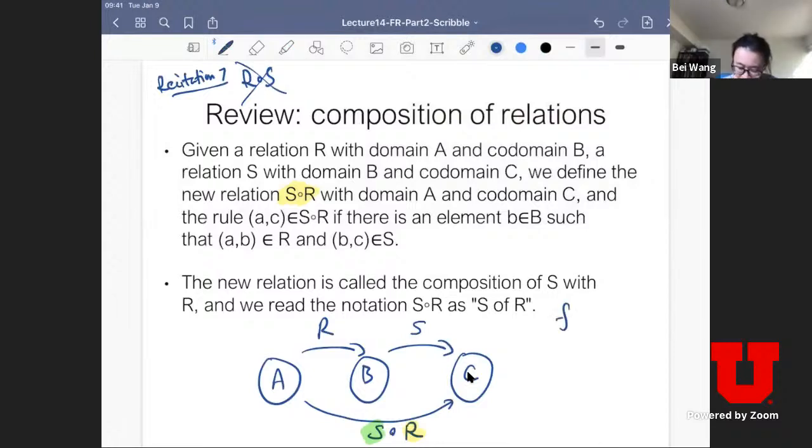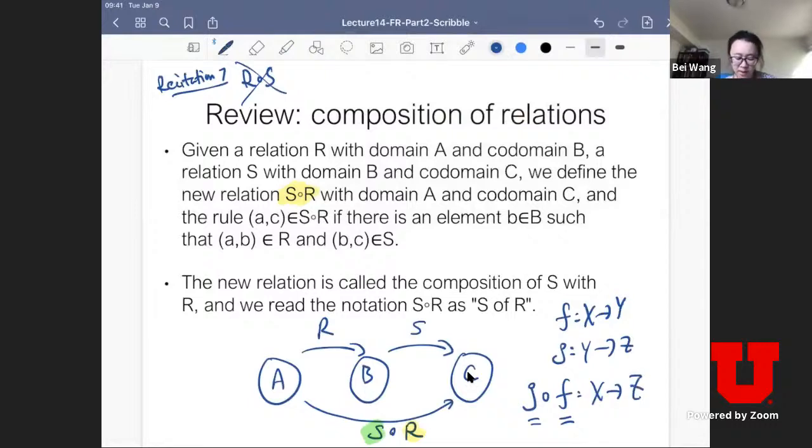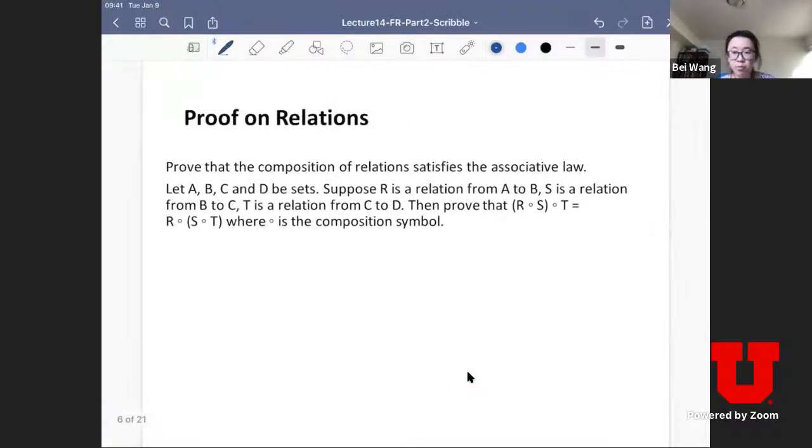For example, if I have a function f from x to y and a function g from y to z, then in the composition of f and g the first piece goes first. f comes on the right-hand side, g on the left-hand side, and it is from domain x to codomain z. So this notation, which is consistent with the textbook, is also consistent with the composition of functions.